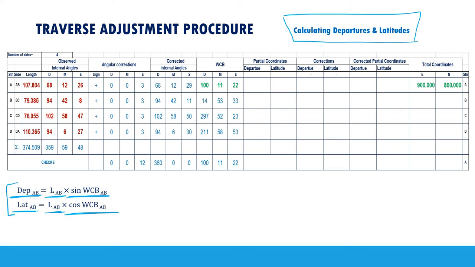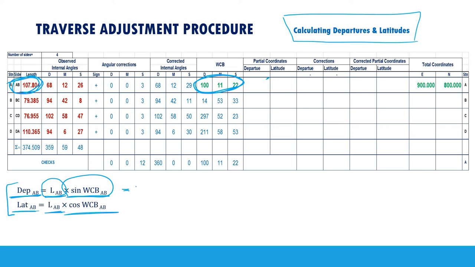Okay, so let's try the first one, departure of AB. I would like to calculate this value here, departure of AB. It's the length of AB times sine whole circle bearing of AB. This is the length of AB, yeah, times the whole circle bearing of AB. This is the whole circle bearing of AB. It's an angle, so sine this angle. This is very simple, yeah.